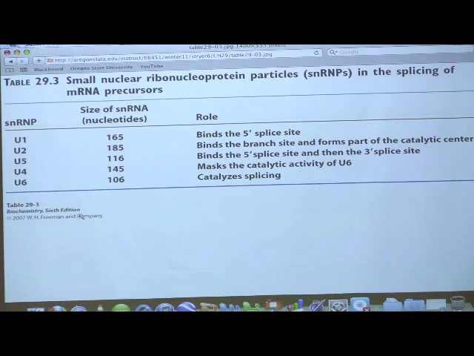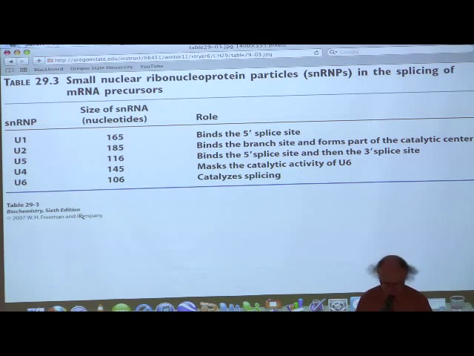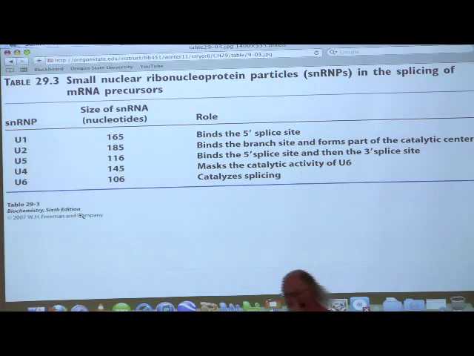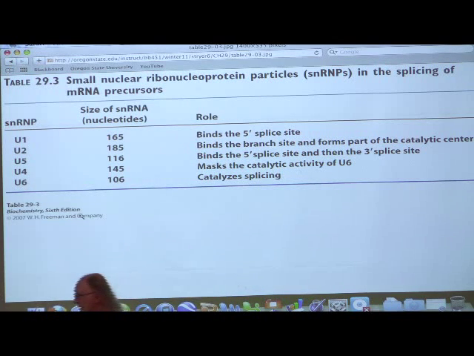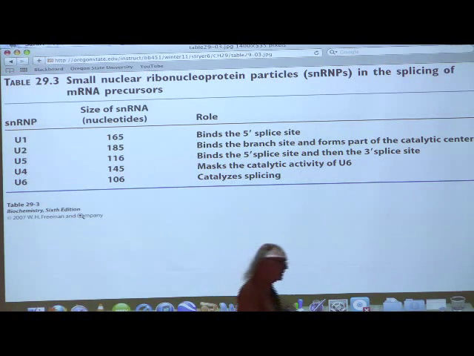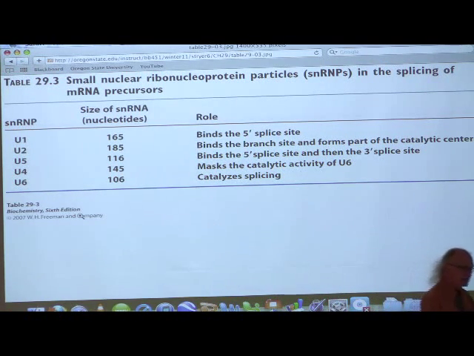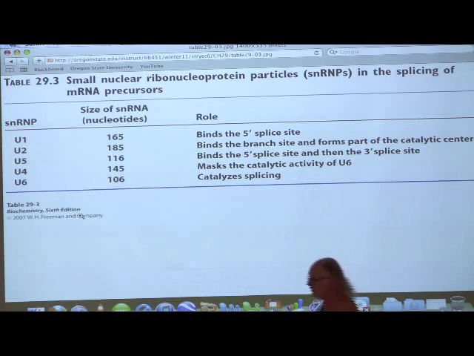Now, how is it that cells do that splicing? Does it magically occur? In some cases, it almost does. It happens in most cases as a result of the action of some proteins and some special RNAs. Those proteins have an abbreviation, snRNPs.